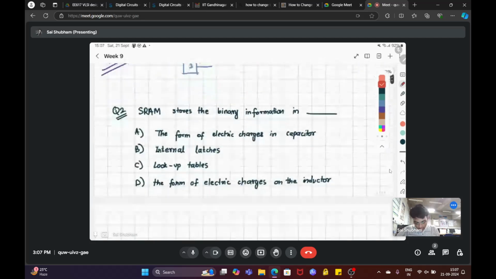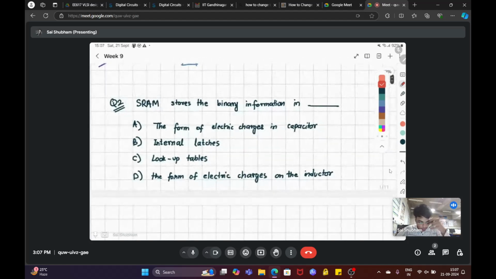The next question is, SRAM stores the binary information in: A, the form of electric charges in capacitor; B, internal latches; C, lookup tables; D, the form of electric charges on the inductor.